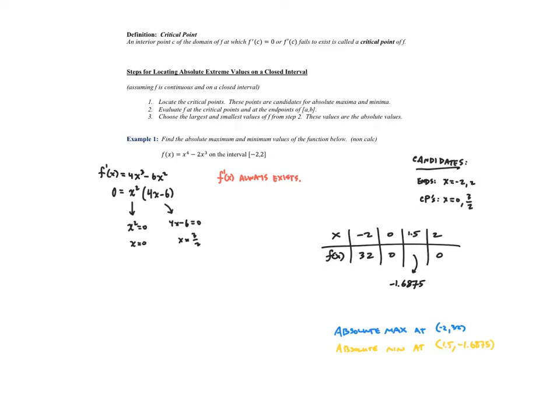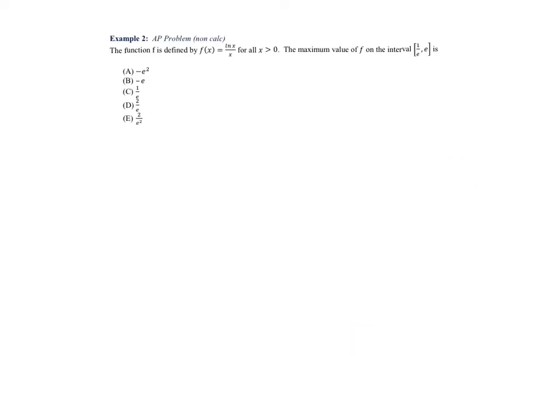There you have it. That's your first example on how to find absolute minimum and maximum values on a closed interval. Let's do another.